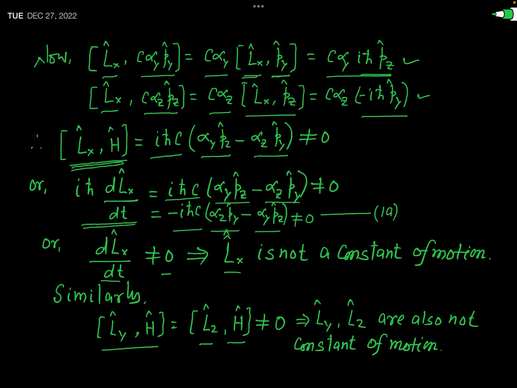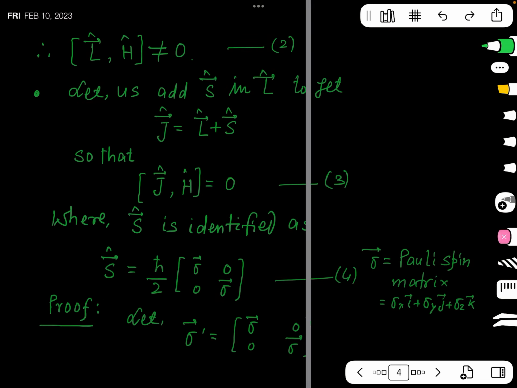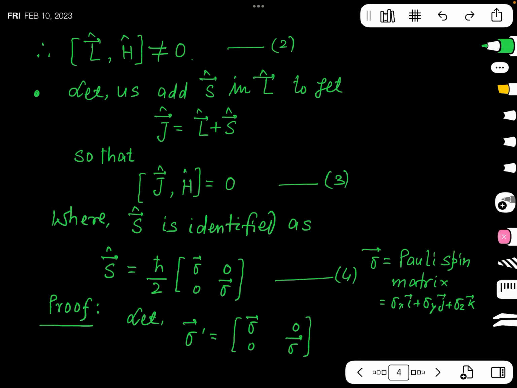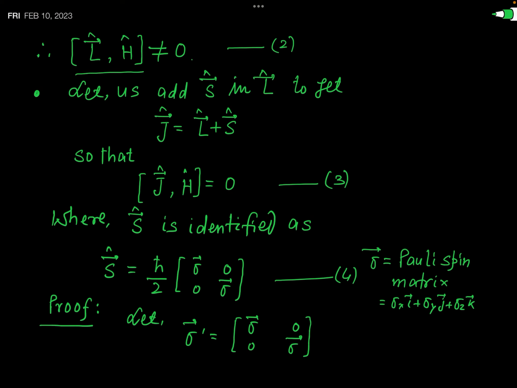So when Lx, Ly and Lz are not constants of motion, their vector sum, that is the vector L, will also not be a constant of motion, and we can say that the commutator of the orbital angular momentum operator L hat and H is not equal to 0. I have mentioned it here on this basis.